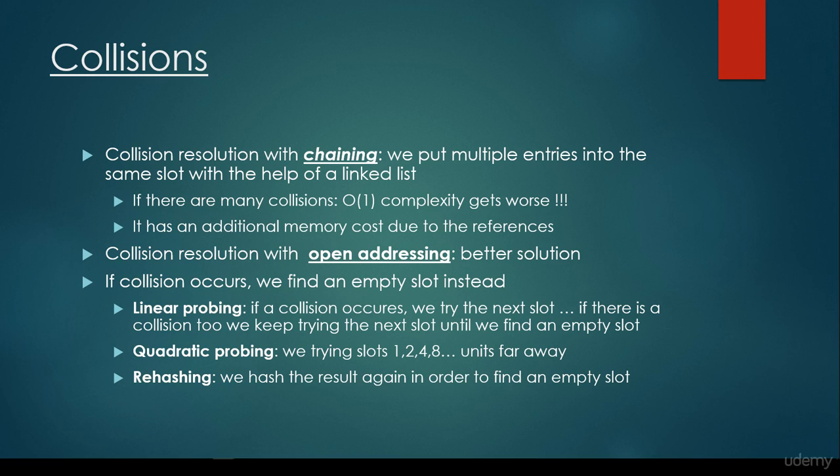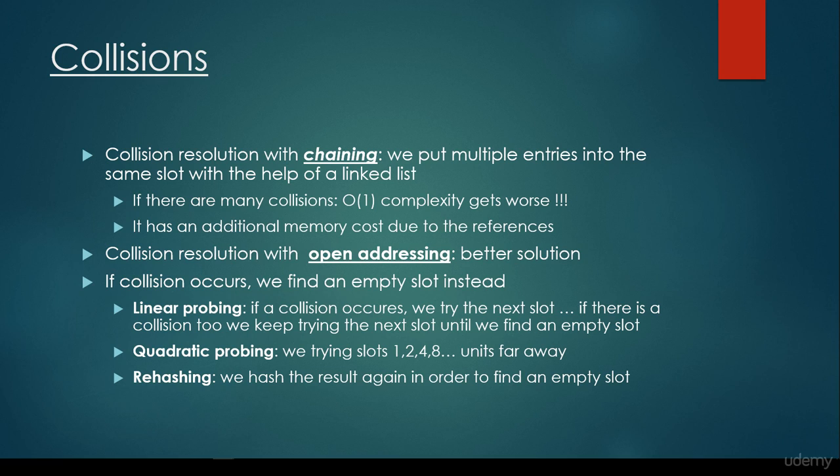So for example, we have a collision at index 5. Then we check index 6. Okay, if it's not empty, we check index 7. So we keep considering the slots in a linear manner, one by one. What is quadratic probing? We try slots 1, 2, 4, 8, 16 and so on units far away from the collision. This is the so-called quadratic probing.